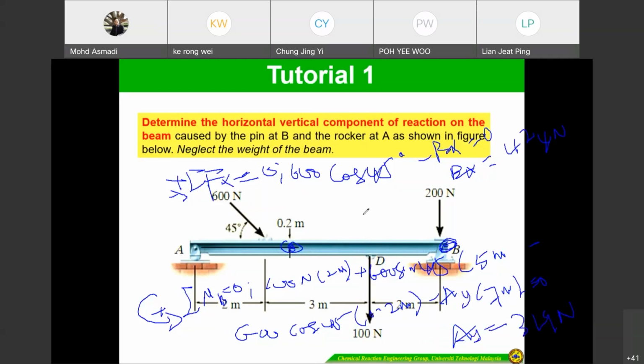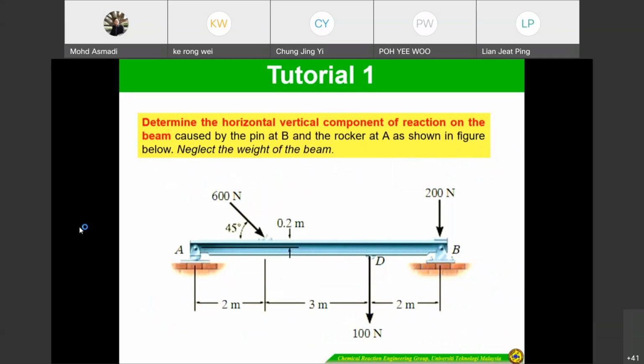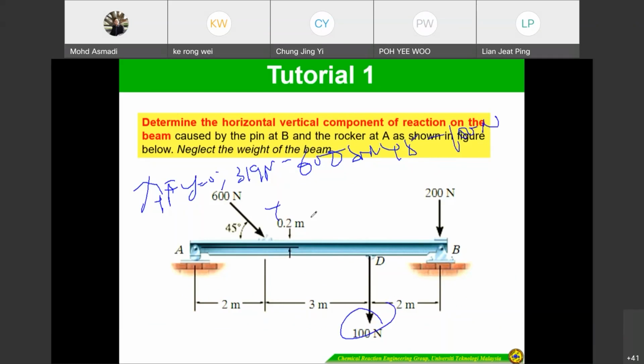And the last one, we have total FY positive. So 319 newtons minus 600 sin 45, minus 100 newtons, and then plus 200 newtons, plus BY, because they have to support, equal to 0.